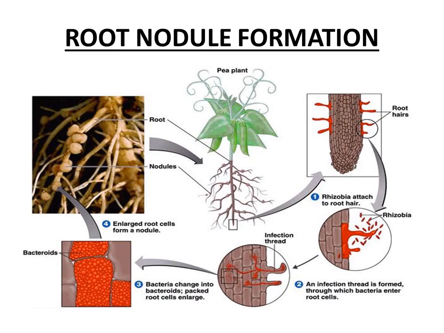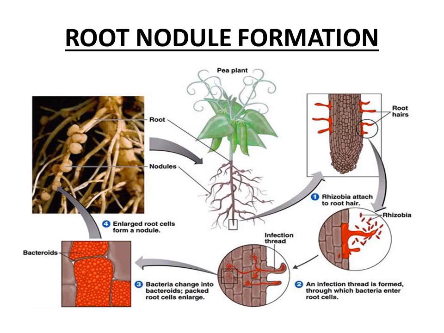The different steps involved in root nodule formation are recognition, attachment, penetration, formation of the infection thread, and entry of the bacteria inside the host cell, and the bacteria get transformed into bacteroids inside the root cell. The root cell enlarges and they form a nodule. These are the different steps involved.